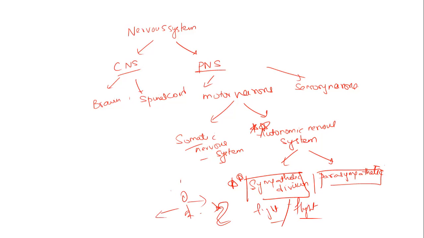So this response is caused due to stress in our body, and that happens because of sympathetic division. Okay, whereas parasympathetic division is rest or digest in our body. Okay, so let us talk about it in detail.